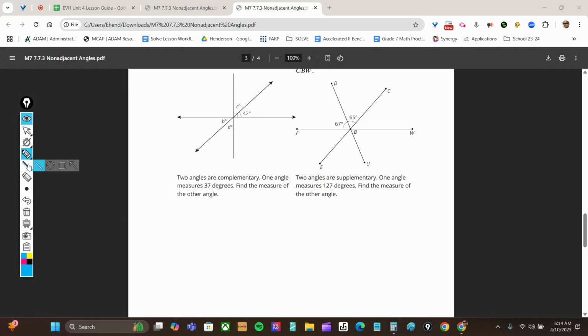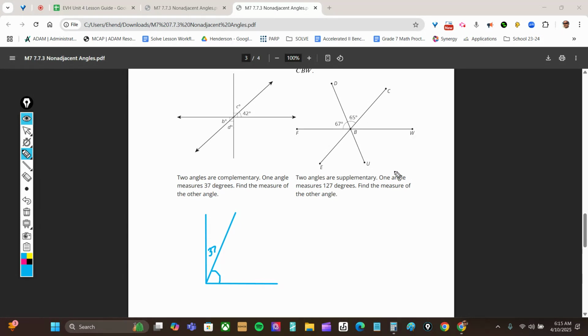Basically for this one, they're giving you a scenario. For example, two angles are complementary. One is 37 degrees, so this angle is 37 degrees, and they want you to find the missing angle right here.